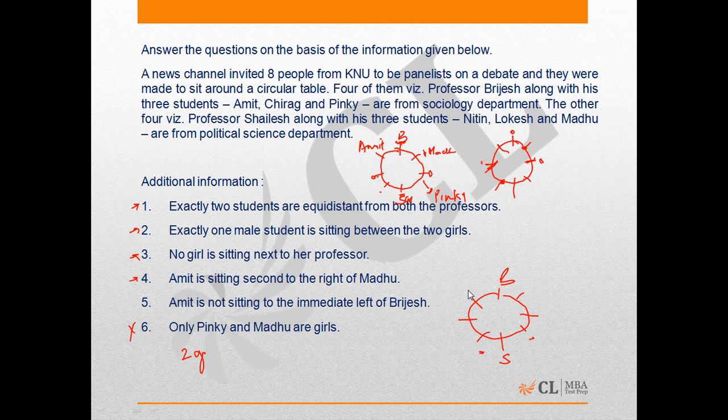Now coming to the last case, in this case Pinky will sit there, Madhu will be sitting there, and as per the statement fourth, Amit is sitting second to the right of Madhu, which means the position occupied in this case by Pinky is to be occupied by Amit also. Therefore it is not a possible case. Hence there is only one possible case for the positions of Madhu and Pinky in the first case.